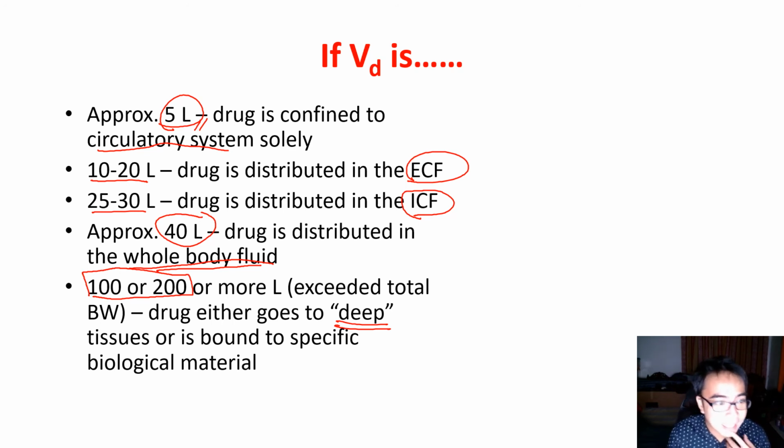A good example of this would be digoxin. Digoxin can have a volume of distribution as high as 500 liters, because digoxin is highly bound to the tissues of the heart. So they don't stay too long in the bloodstream. They go directly to the tissues of the heart.